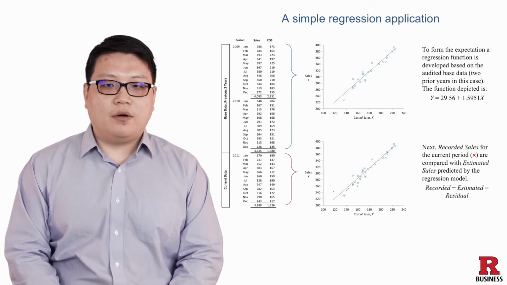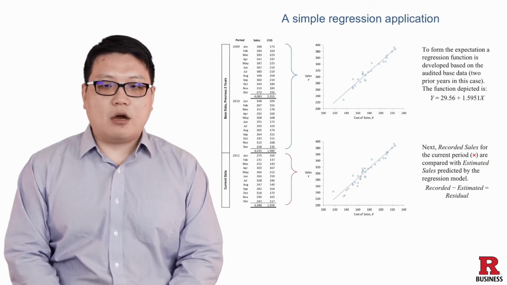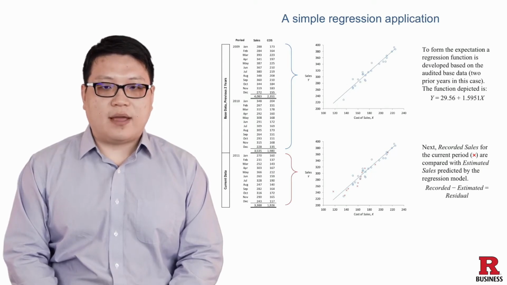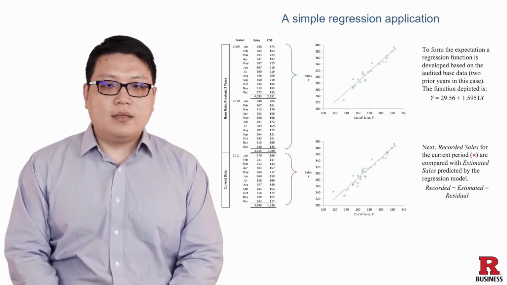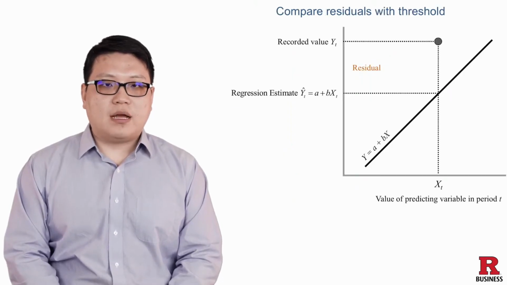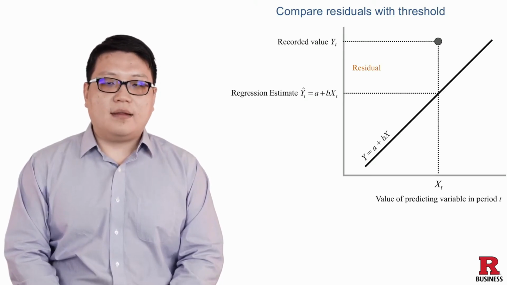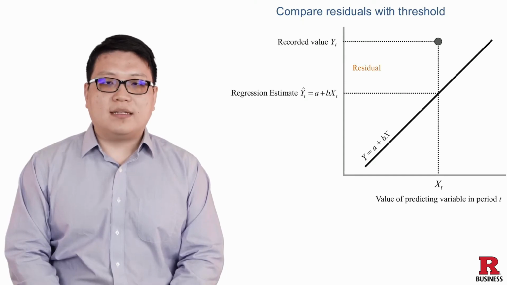Now the second part is to use this to detect outliers. What we are going to use is called residuals, recorded value minus estimated value. Just to refresh memories on residuals, we have the regression line y equals a plus bx, and if you put the x number into the regression, you get the estimation y hat, and we have a recorded value, or the actual value y.